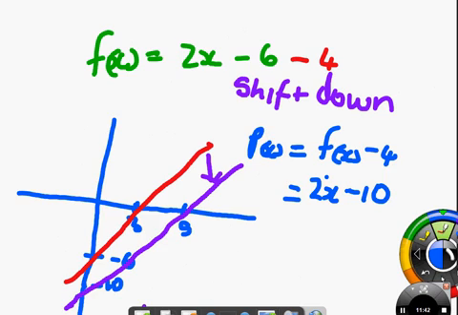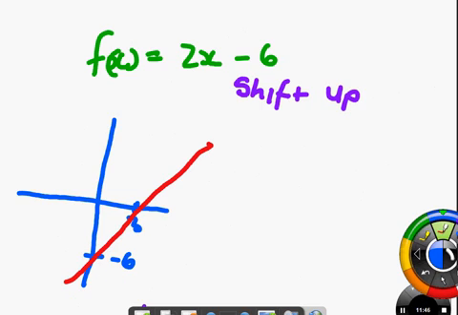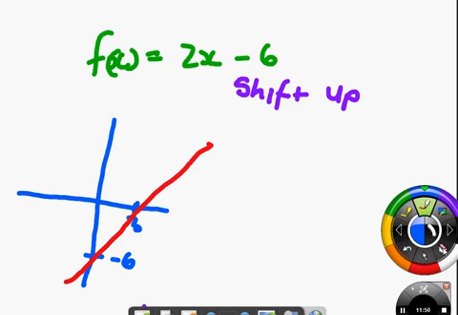Now that's when we have looked at shifting down. Let's look at shifting left or right. Let's look at shifting to the left. So now we have to look at what happens to the graph when it's shifted to the left.